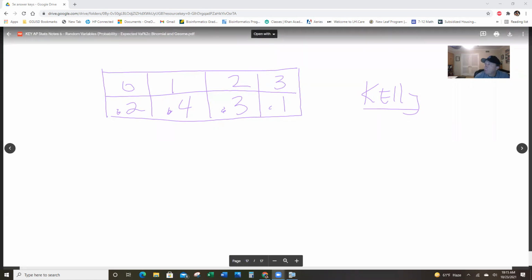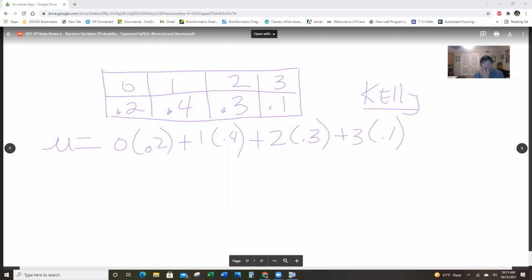So if you were asked what is the mean of her distribution, the mean is going to be 0 times 0.2 plus 1 times 0.4 plus 2 times 0.3 plus 3 times 0.1.